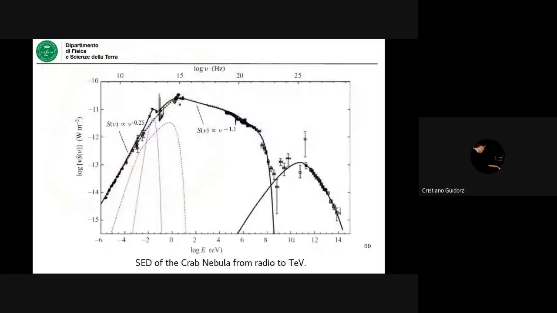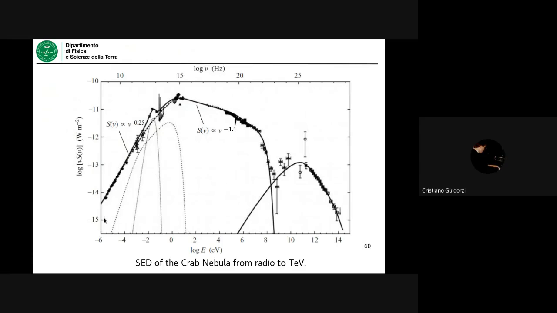And this is a spectrum of the Crab Nebula, a very broadband spectrum, because if you look at the bottom x-axis, you see the energy of radiation in units of electron volts, while on the top x-axis, you see the very same information expressed in hertz.